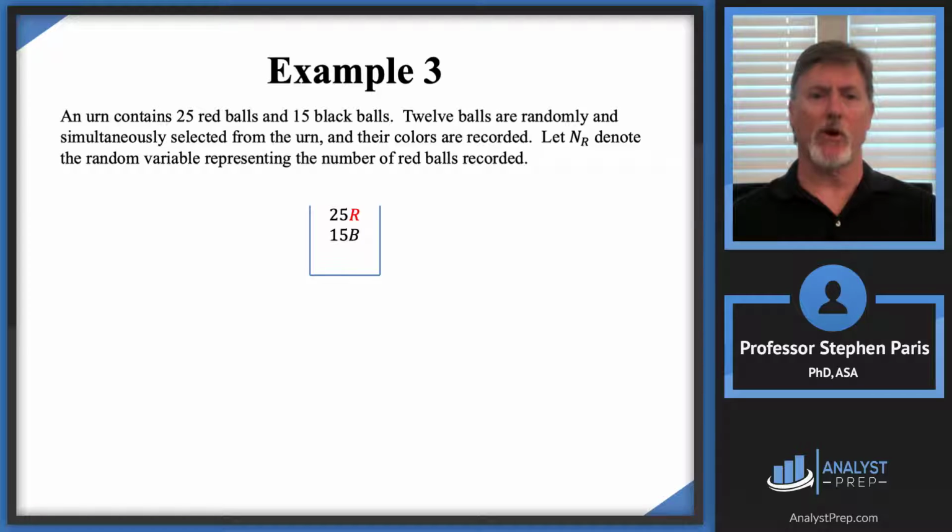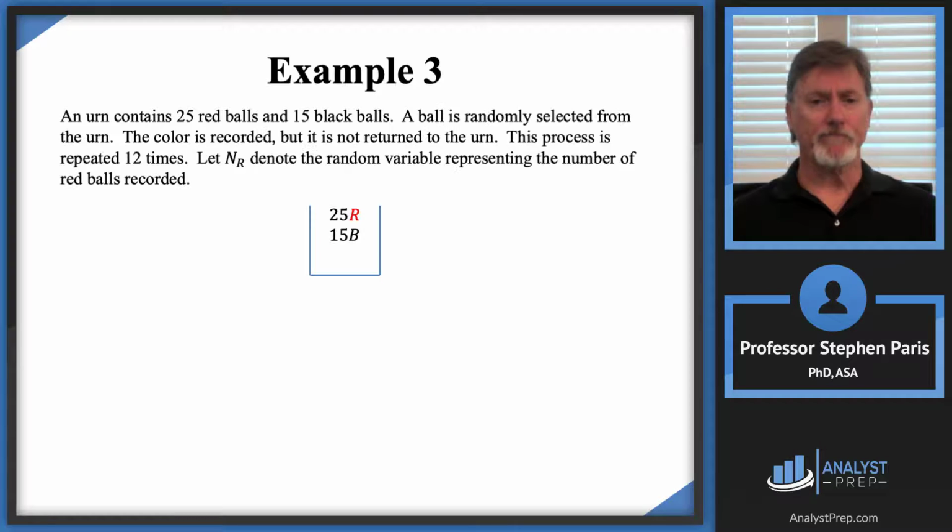Just 12 balls randomly and simultaneously selected from the urn, recording their colors. So mathematically, those are exactly the same thing. And I'm going to switch back and forth between those two descriptions of the tweak. So we'll go back to this description: a ball is randomly selected from the urn, its color is recorded, but it is not returned to the urn, and the process is repeated 12 times.